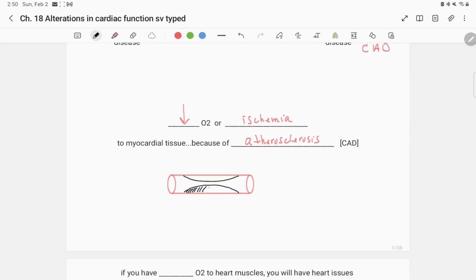Okay, the black ink represents the plaque buildup, and as you can imagine, as blood is flowing through this particular tube, you're going to have diminished blood flow right there in the middle. Just by eyeballing it, we'll call that 90% blocked. And this means you're decreasing blood flow, so therefore you're decreasing oxygen.